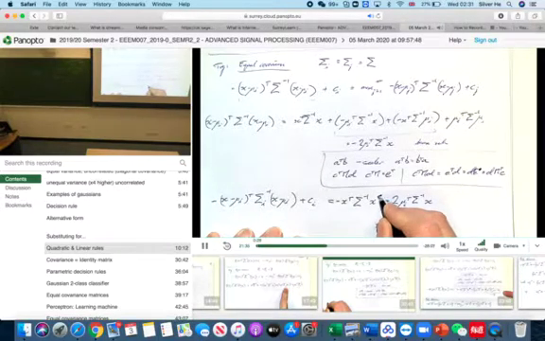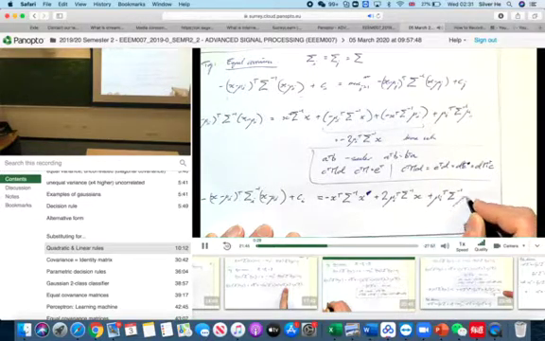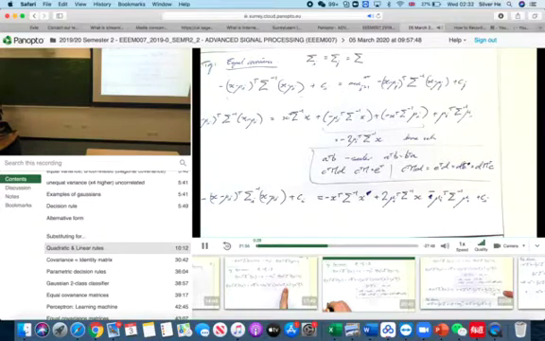Sorry, that's not a transpose up there, that's just an x. Then minus mu I transpose sigma to the minus 1 mu I, that one's with a minus sign, and then plus ci. So that's for that part of this rule.